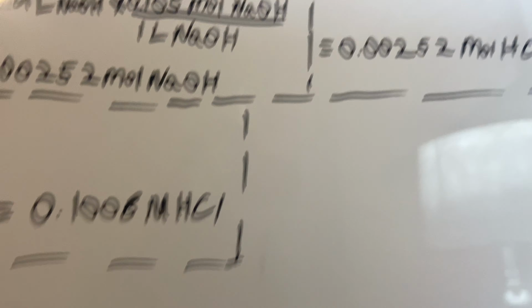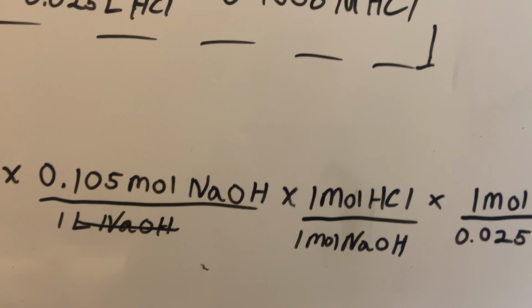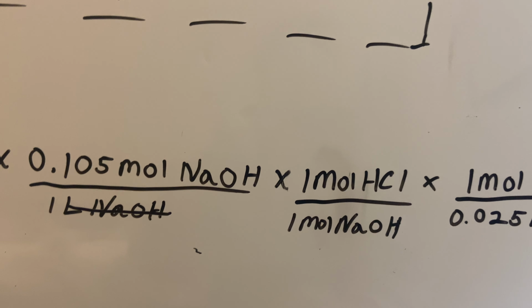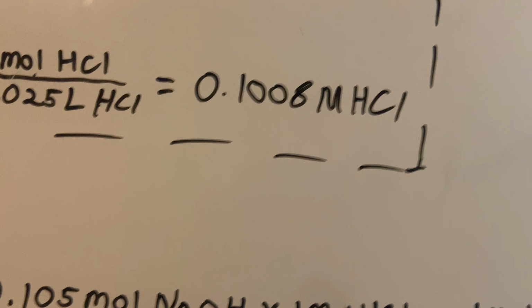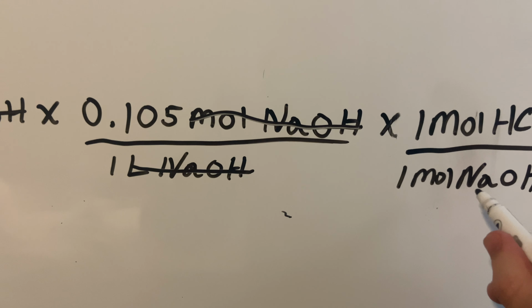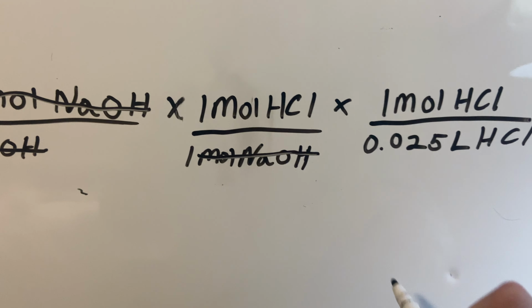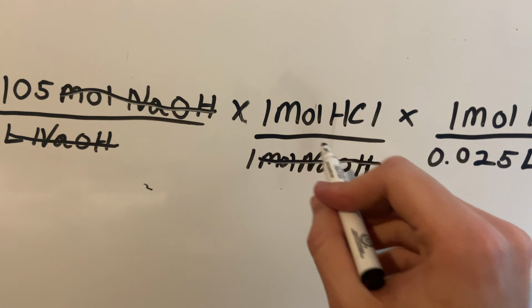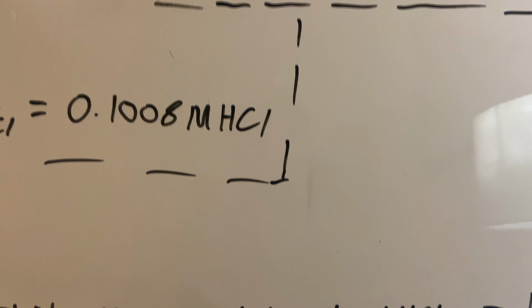Then we have to find step 3, or row 3, which is going to equal the exact same 0.0252 moles of HCl. So now we cross out moles of NaOH and moles of NaOH. Then we're left with the moles of HCl, which was 0.0252 moles of HCl.